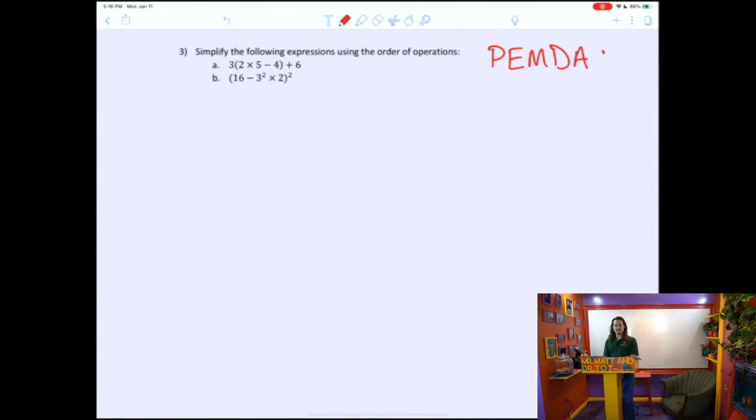And 3b is asking you to simplify the quantity 16 minus 3 squared times 2, quantity squared. So I'll give you 3 minutes, and 1 minute in I'll start to solve.